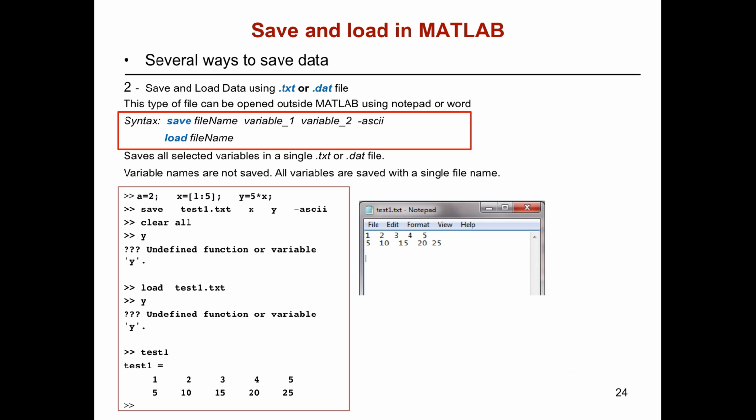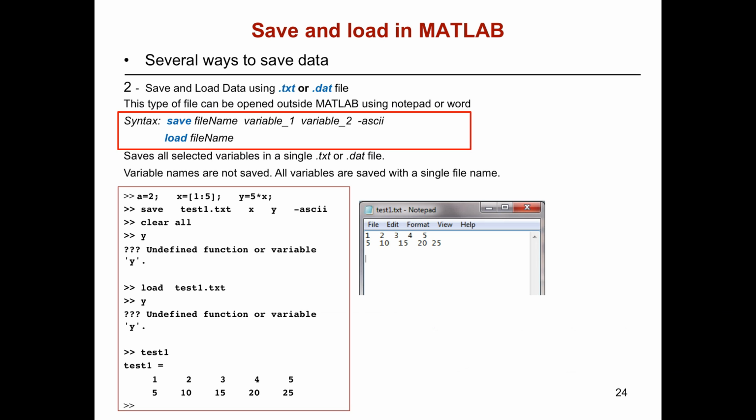I can also pick and choose variables to save. So for instance, I could save in test1.txt, X and Y only and not A. This is the way to tell it to save a text file, and then I can open that text file in Notepad, and you will see these numbers written into the file.